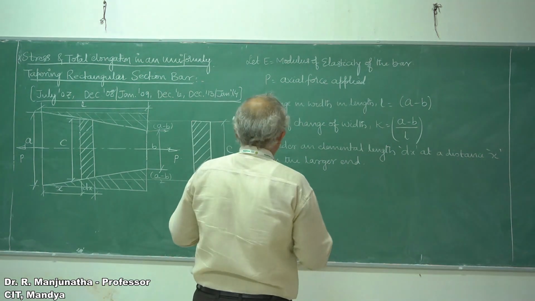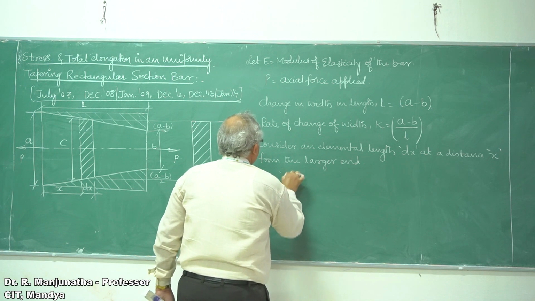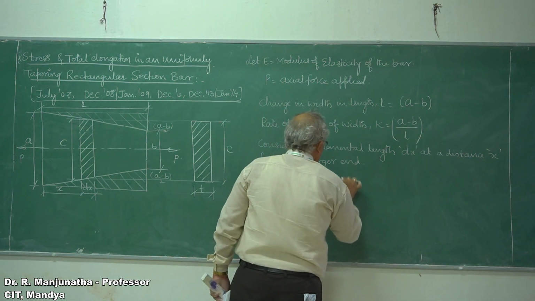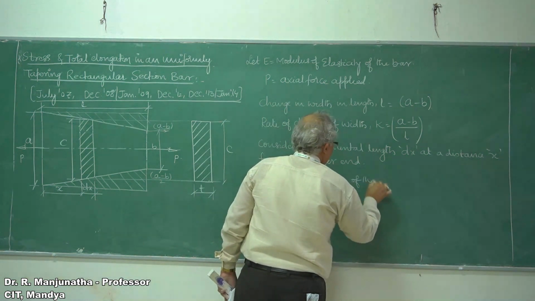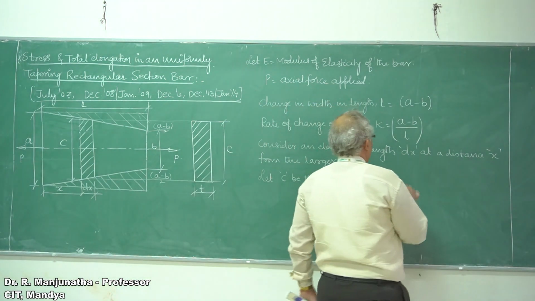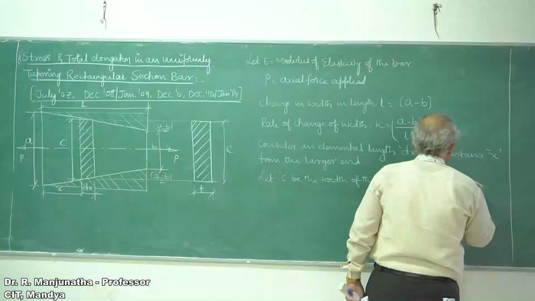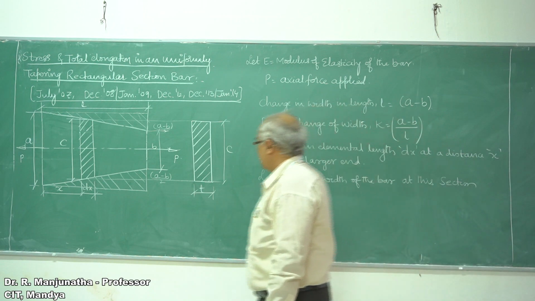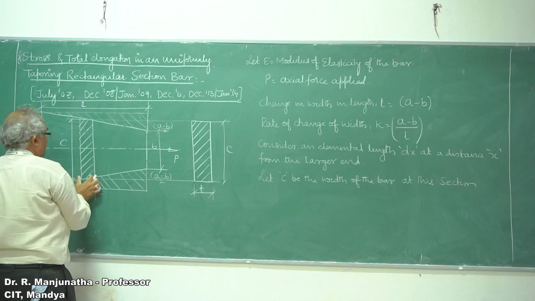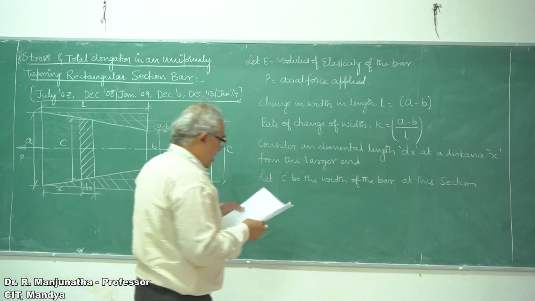Now let C be the width of the bar at this section. So we are considering the width of the section, which will be C. This is the section we are considering, and this will be the width C.